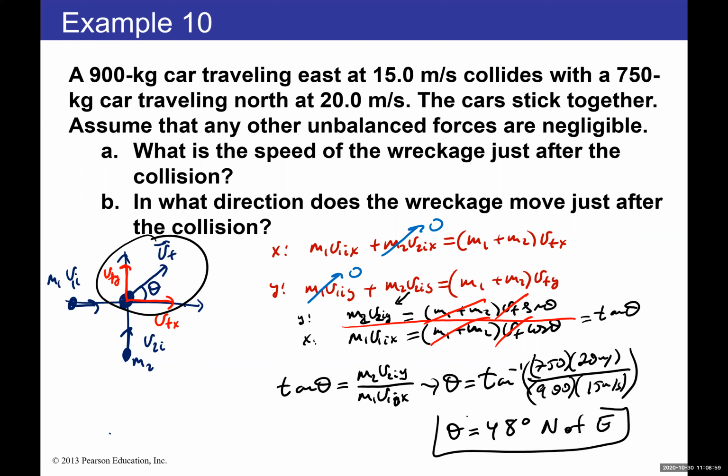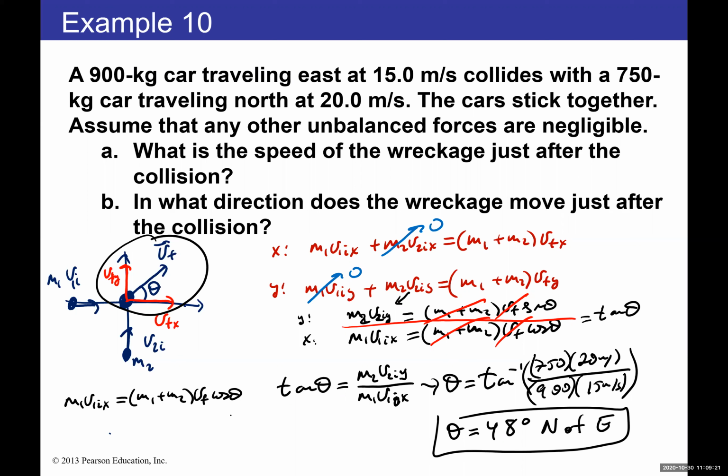Once I get that, I can go back to any of these equations. So let's say the modified equation for x, which is m1 v1 initial x equals m1 plus m2 times v final cosine of theta.